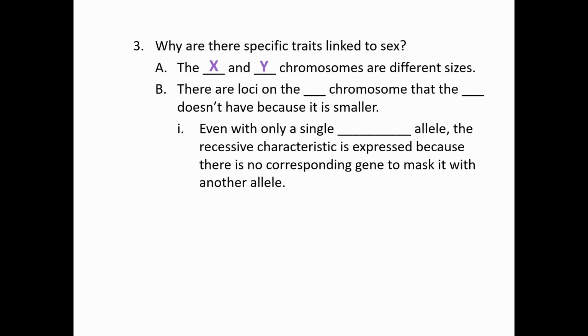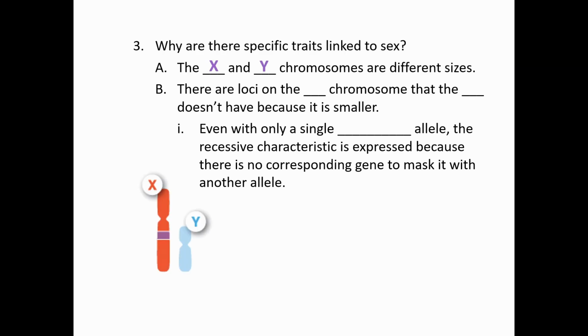So I do want to point out that it is possible in some rare instances to be XX and male or XY and female. But for the sake of this class, we're going to simplify it by saying XX is always female and XY is always male. Just keep it in the back of your head that sometimes things do go a little bit differently.